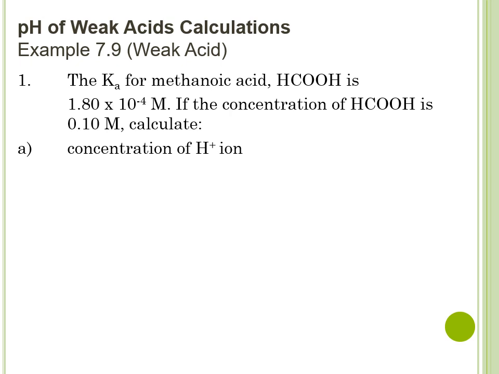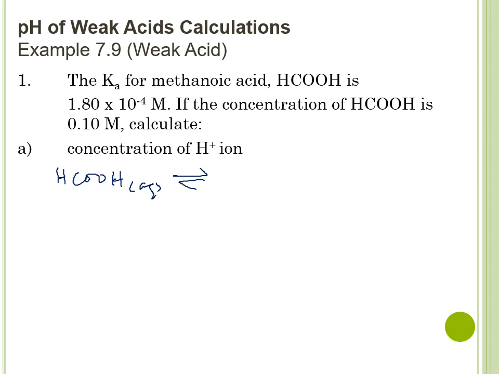Here, if the concentration of the acid is 0.1 molar initially, calculate the concentration of H plus ion for the X. So the first thing that we need to do is write the dissociation equation.